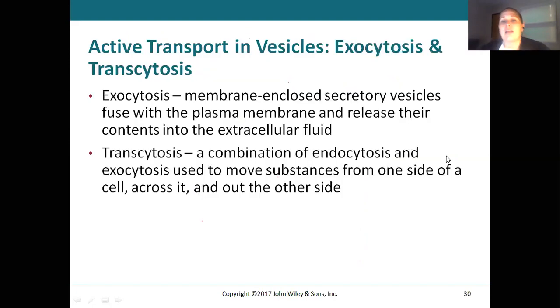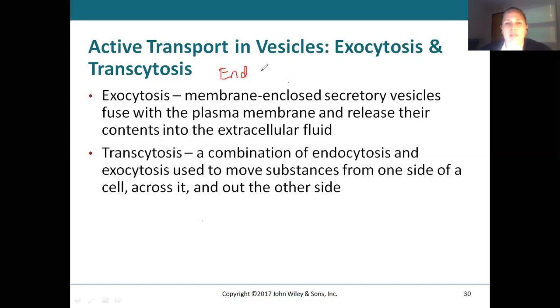Okay, exocytosis and transcytosis. So we were just talking about different types of vesicles coming into the cell, and vesicles can also leave the cell. Endocytosis is basically what we just talked about, E-N-D-O.